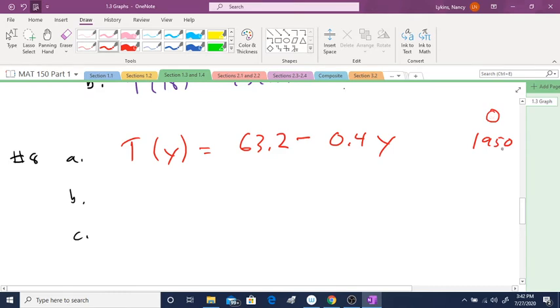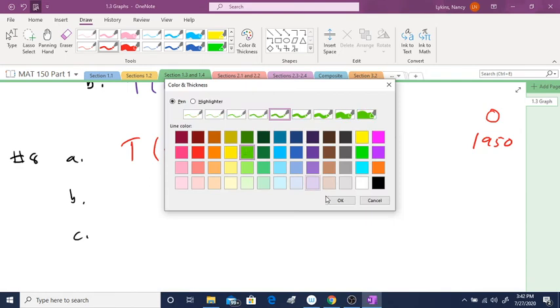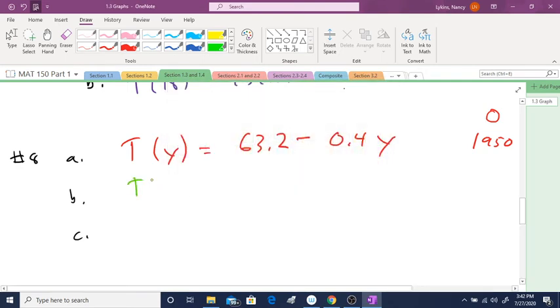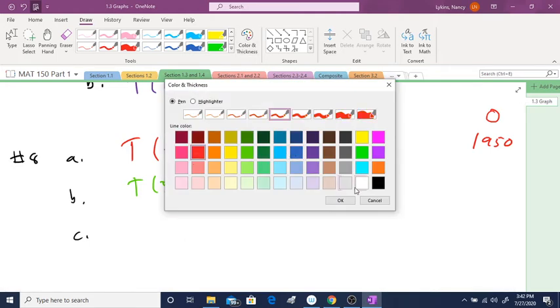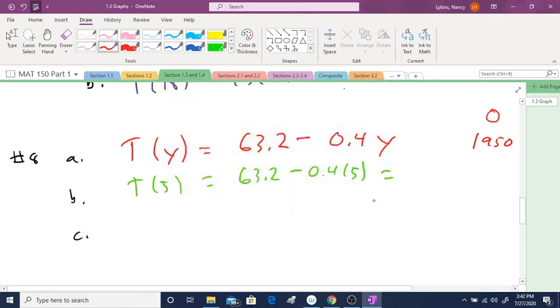How many years between 1950 and 1955? What comes out to be 5? So I'm going to say T of 5 equals 63.2 minus 0.4 times 5. Okay? Now once we calculate this, it comes out to be 61.2 seconds.